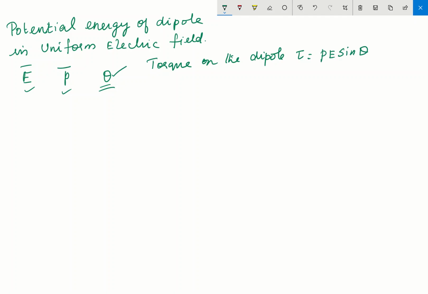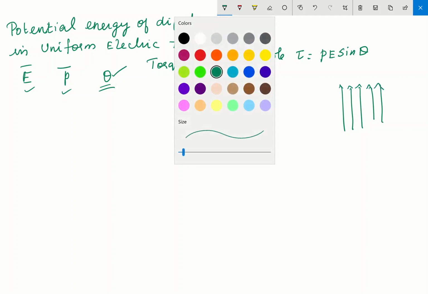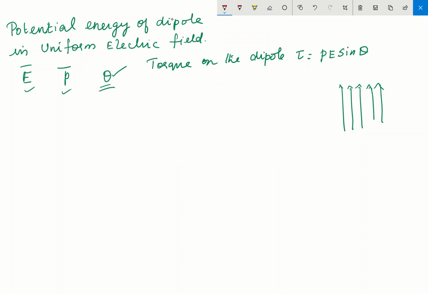And what is the function of the torque? This is the uniform electric field, and this is the dipole, with minus Q here and plus Q here. What will be the direction of the torque? The torque will be anti-clockwise, and it will tend to align the dipole in the direction of the electric field, correct?